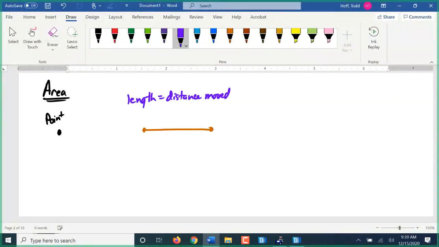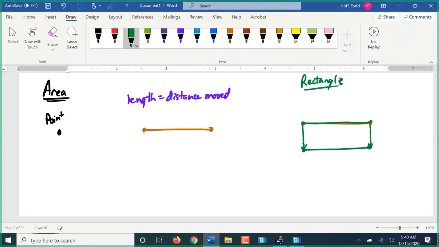Next, we take that segment and we move it in a second direction perpendicular to the first. So if we take it and we pull it this way, if you think of it as like dragging a stick across the sand or whatever, it's going to leave the impression of a rectangle. That rectangle is now two-dimensional and can cover an area.